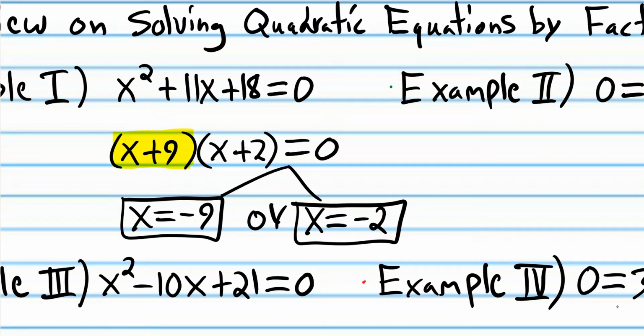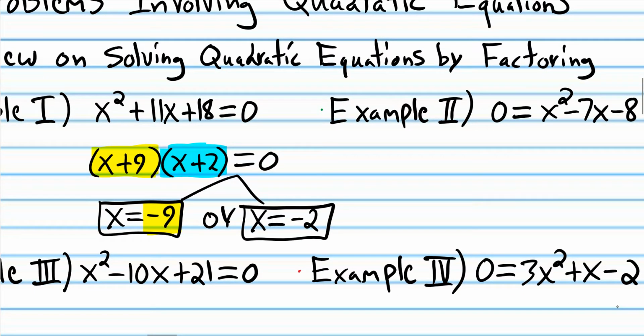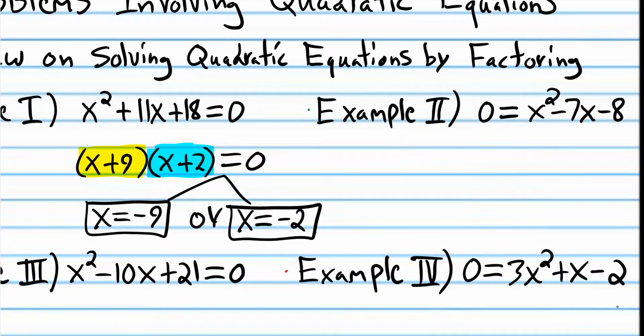So the yellow times the blue has to be 0. If you plug in negative 9 into that yellow expression, you get 0. And if you plug in negative 2 to the blue expression, you get 0. That's why that works.